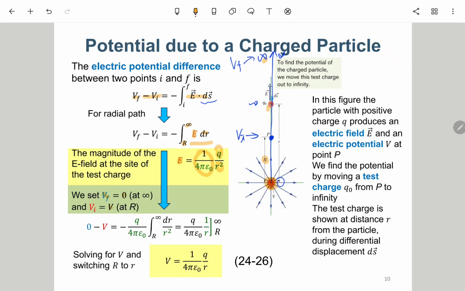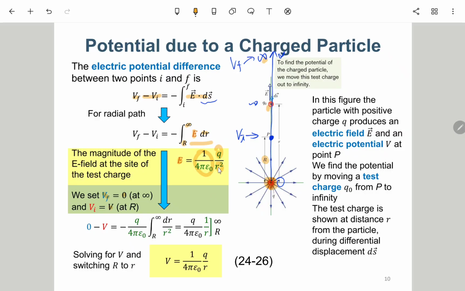Plugging 0 and V in, it becomes 0 minus V, and we plug in E. Then Q and 1 over 4 pi epsilon naught are independent of R, so we can put them in the front.